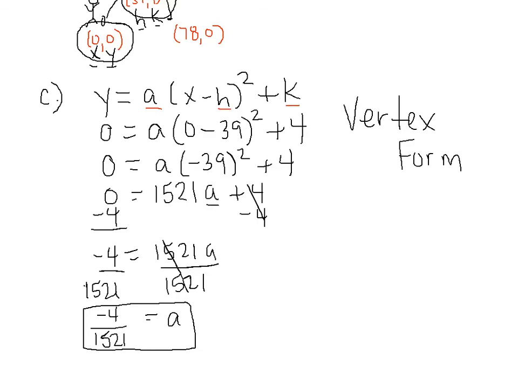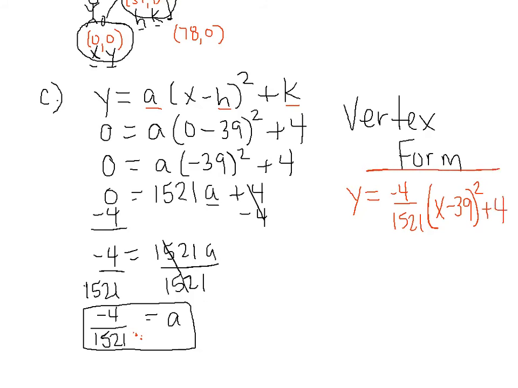Okay, so the vertex form is going to be this. Y equals my A right here, which is negative 4 over 1521, parentheses, my x minus h, so that was minus 39, quantity squared, and then we have plus 4.